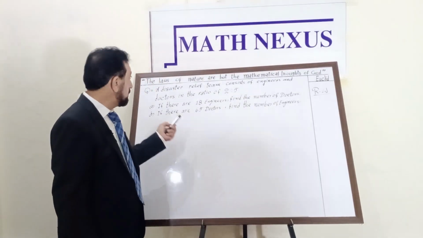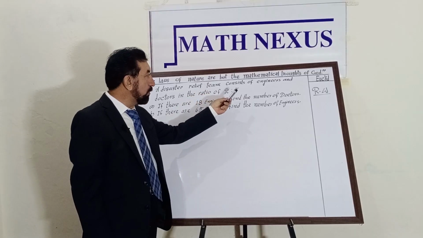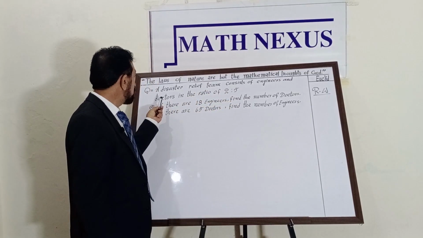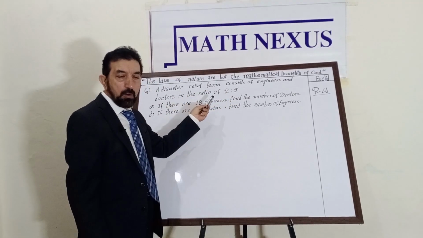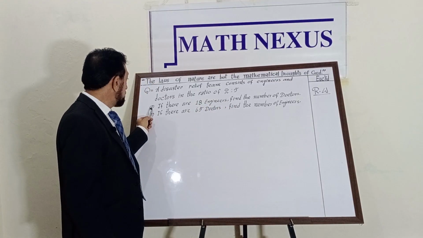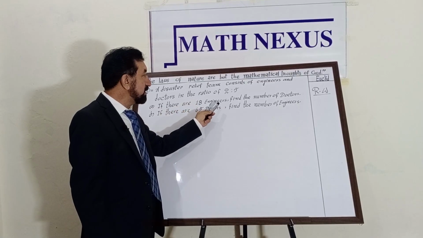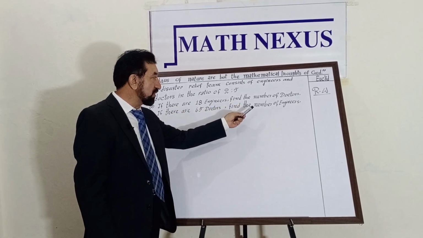Look at the question. A disaster relief team consists of engineers and doctors in the ratio of 2:5. A. If there are 18 engineers, find the number of doctors.